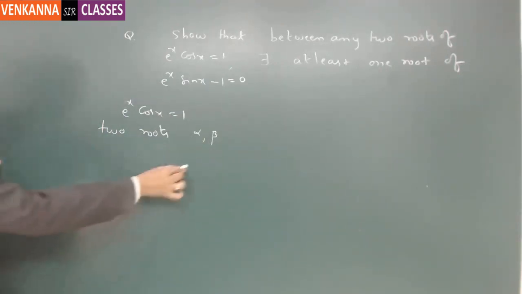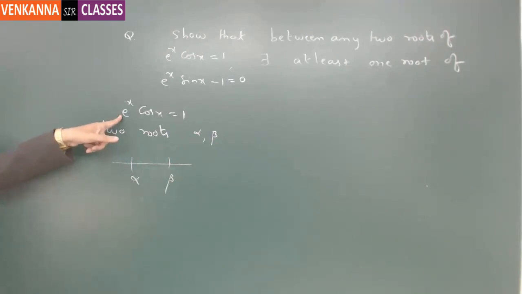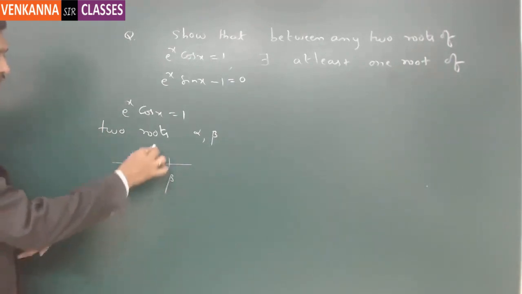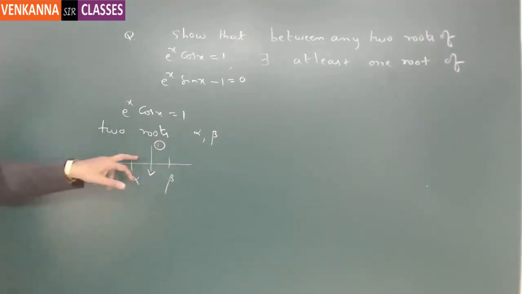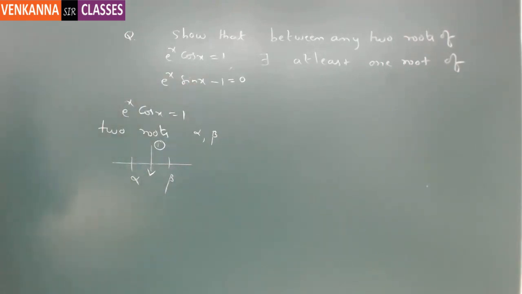So I have taken that alpha, beta are roots for the equation e power x cos x equal to 1. So between these two values, I can find at least one value which is a root for the other equation. Is that clear?